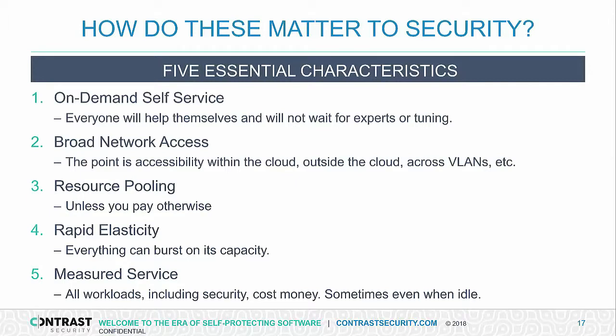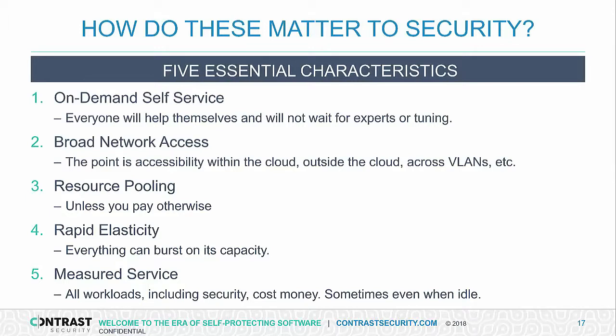Now, broad network access, the point of being in the cloud is the accessibility to other resources, whether those resources are in the cloud, outside the cloud, across different VLANs, or just about anywhere. The point is that applications and data are able to move freely between services that require them. Now, resource pooling regards the ability to consolidate different resources and have a lot of reuse unless you pay otherwise to get a level of isolation. Rapid elasticity is the ability to burst on capacity, typically horizontally, adding different machines or just power to handle all the workloads so that items can scale up at cloud scale and essentially never run out of things until they run out of budget.